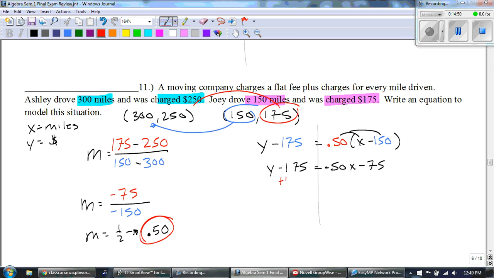And then we add 175 to both sides. And we get y equals 0.50x plus 100. And that is our final equation.